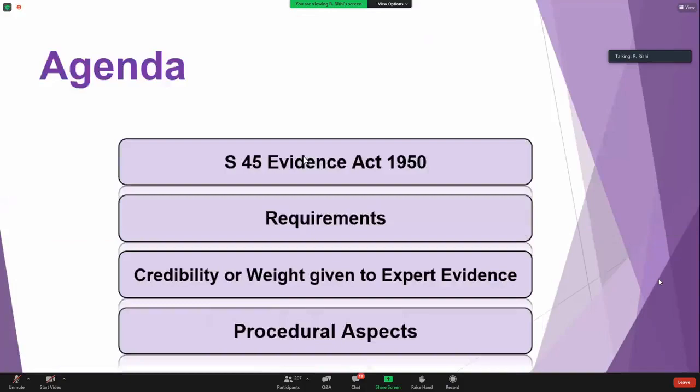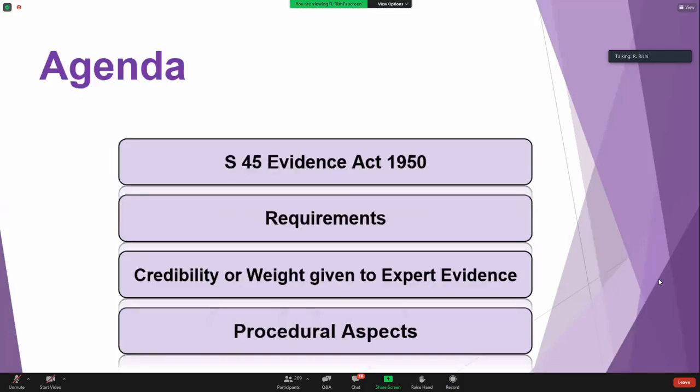Okay, straight into it. What will I be touching on? Of course, as Sarah has mentioned, I will be giving a broad perspective insofar as expert witnesses and expert evidence in relation to civil proceedings are concerned. I will touch on a bit of the premise in which it is an exception, that being Section 45 of the Evidence Act. Move on to discuss requirements insofar as qualification is concerned, what qualifies you to be an expert in civil proceedings.